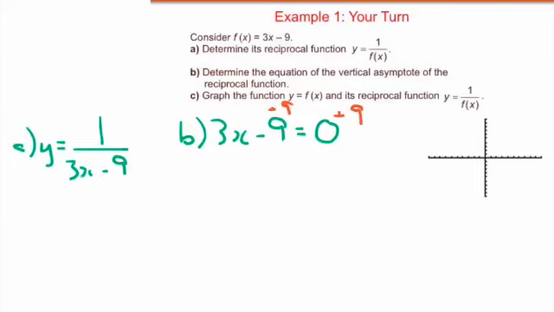Add 9 to both sides. Divide by 3. And we get a vertical asymptote at x equals 3. Now, there's nothing stopping you from putting that asymptote on the graph now, because you know it's going to show up there. But if you want to wait, we'll go to the calculator.